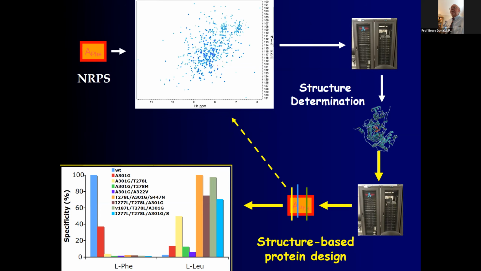We're using the structure and, of course, geometric physical reasoning and algorithms. We're able to switch the specificity of the enzyme by making site-directed mutations to the active site so that it no longer prefers to adenylate phenylalanine, but rather wants to work on leucine. So we switched its specificity from phenylalanine to leucine.